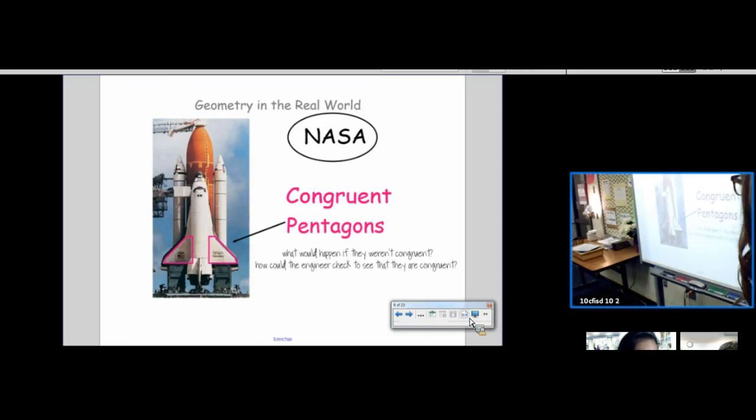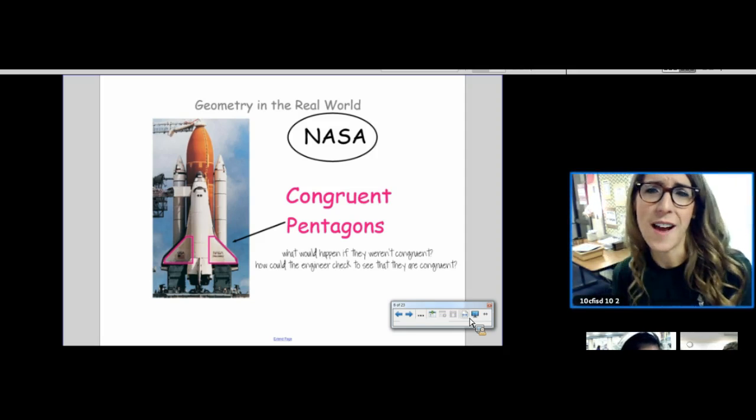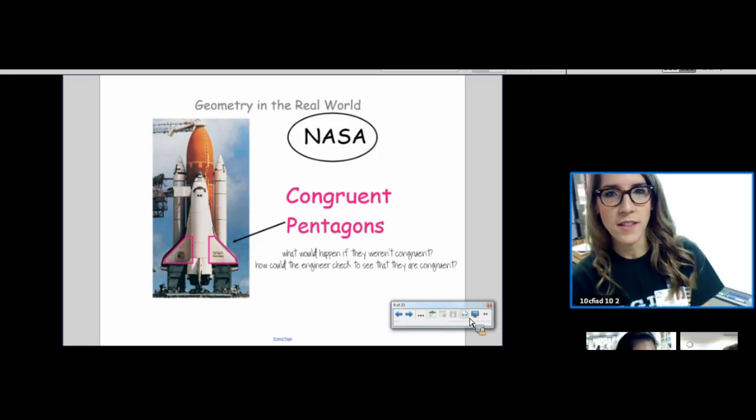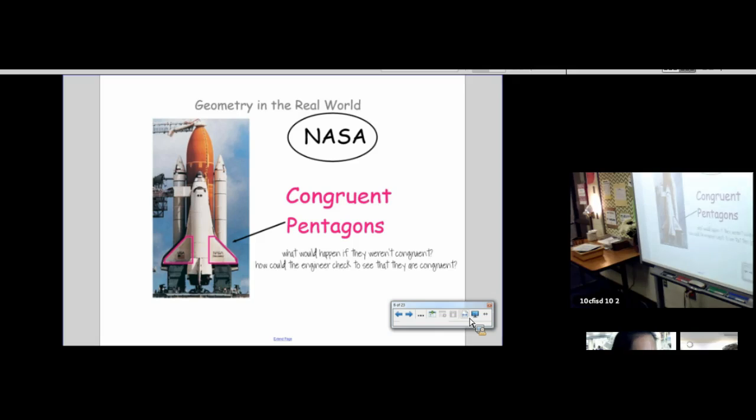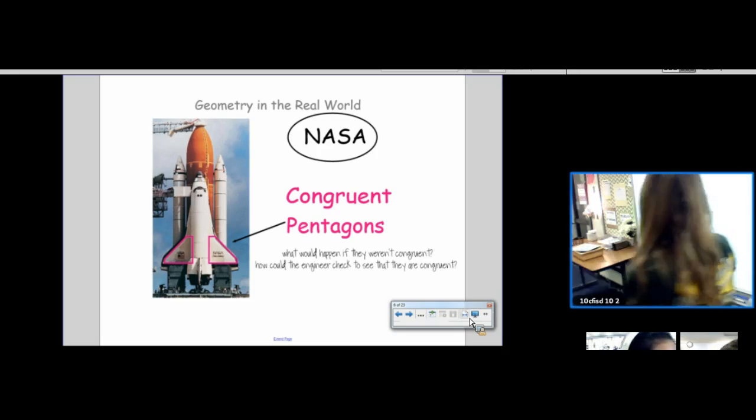I just wanted to show you a few examples of congruent figures in the real world. Here are some congruent pentagons. The shuttles are old news now. NASA doesn't even use these shuttles anymore. They have a whole new program with different space vehicles. But anyways, on this one, it was just cool because there were some congruent pentagons, 5-sided figures that were congruent.